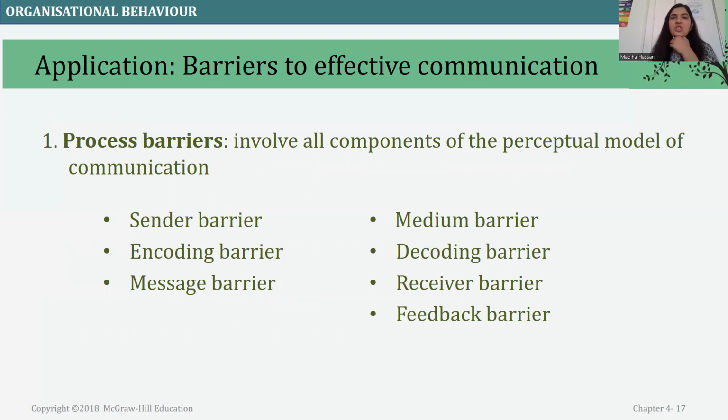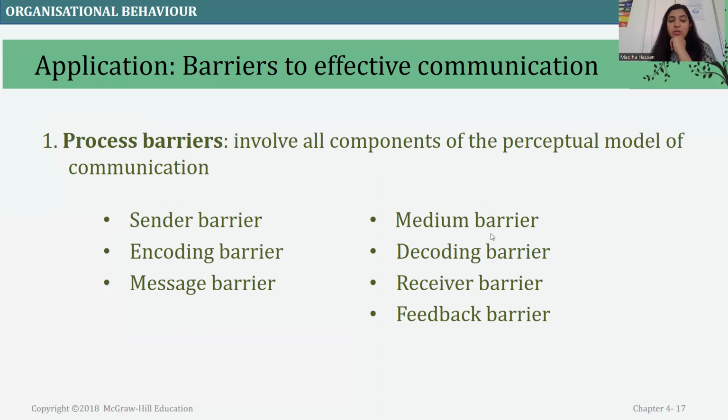Then the application: barriers to effective communication. There are so many barriers to effective communication. A sender may have some issues, if the message is not sent properly. Then there is the encoding barrier and the message barrier.